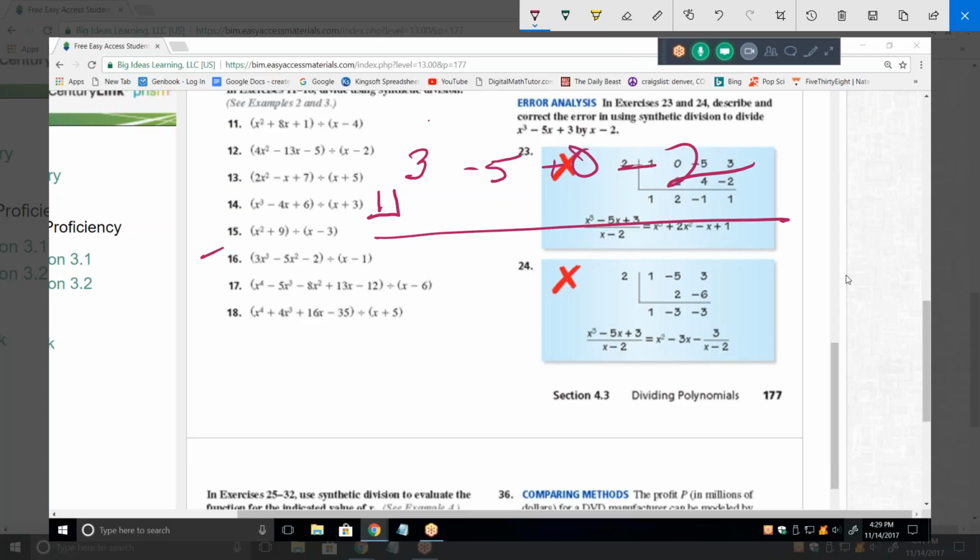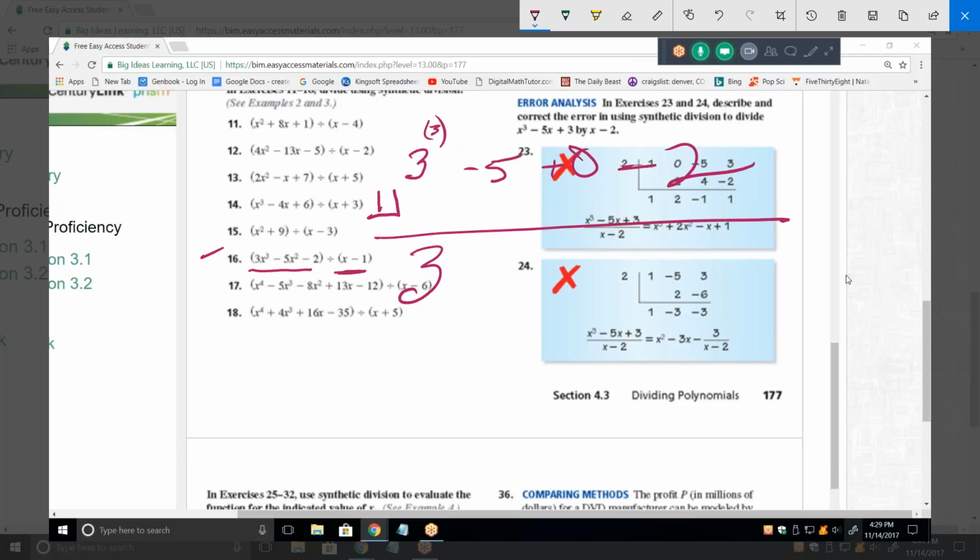So maybe in my head, I can do that. And what that tells me is that whatever number I bring down, that's going to be 3x squared. Always. In other words, I don't have to look back at the problem and realize that I'm dividing a cubic by a linear factor, which is what I would have to do.